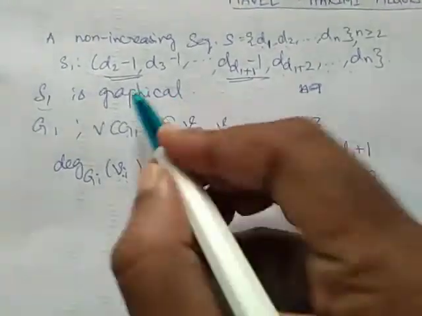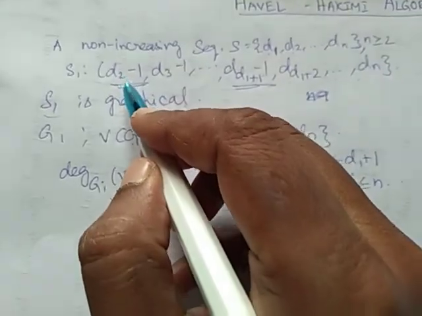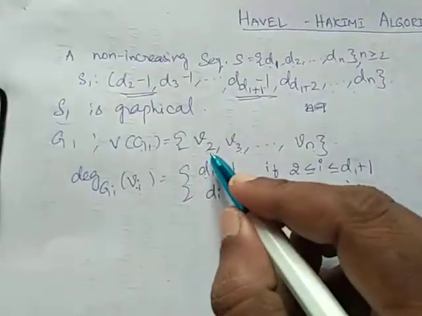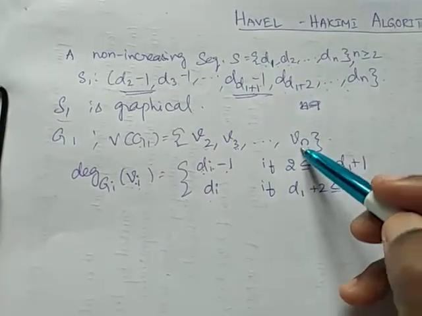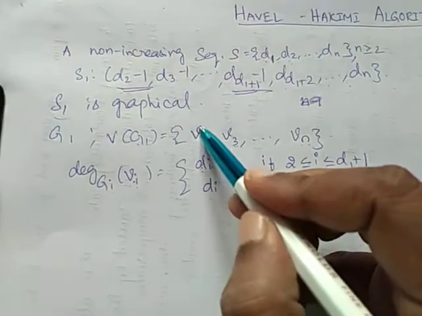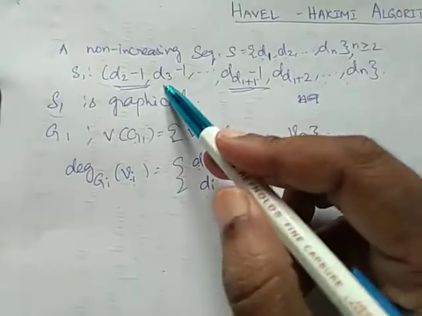See, D2 minus 1 is the degree of some vertex. The vertex I am taking as V2. This vertex I am taking as V3. Till Vn we have vertices. What is the degree of V2? D2 minus 1. What is the degree of V3? D3 minus 1.